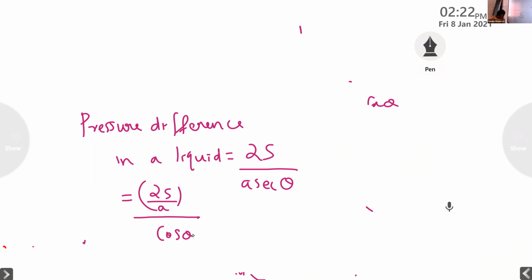And a cos theta is the horizontal component of radius. A cos theta is the horizontal component of the radius of the meniscus. Meniscus means the air-water interface, whether it's concave or convex. Radius of the meniscus.